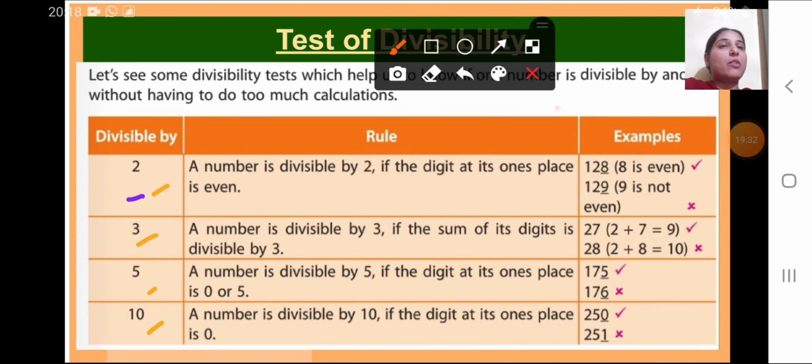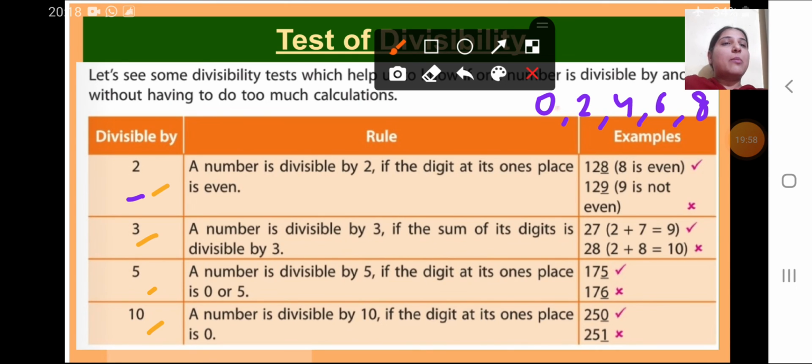Now you understand what are even numbers: 0, 2, 4, 6, 8. These are the even numbers, and if these digits are at the ones place of any number, that number will be called an even number. So if you find that the digit at the ones place is even, it will be divisible by 2.